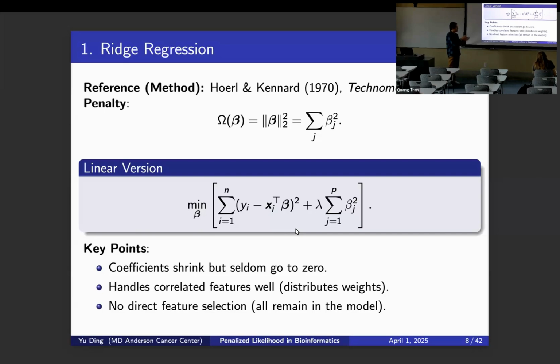So it will distribute the weights to each of these correlated features, but will not make each of them become 0. So if you find there are quite highly correlated predictors in your data set, and you do not want to drop each of them, then maybe ridge regression is your best choice. As I said, because none of them will become 0 directly as an effect of ridge regression, there is no direct feature selection. All remain in the model.